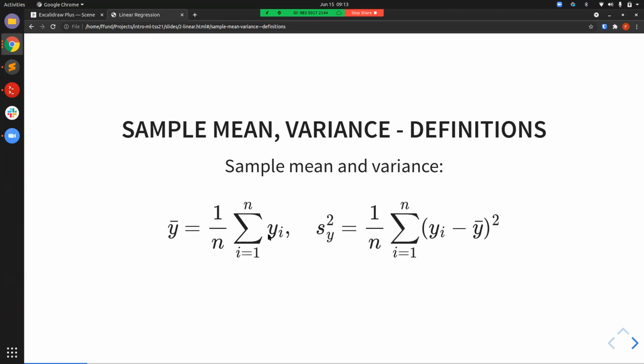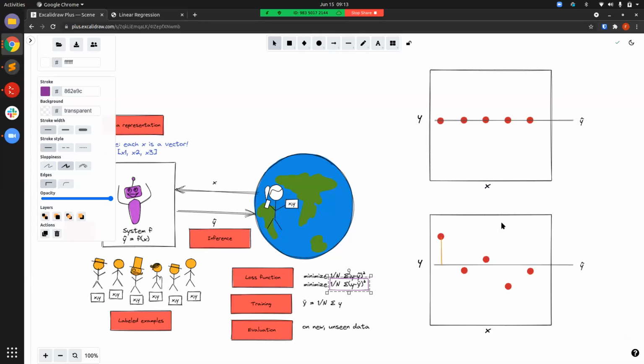So the mean of a sample, the mean of a set of data, is just 1 over n of the sum of all the data points. And then the sample variance is 1 over n of the sum of the square difference between the data point and the mean. Right? So the variance measures how much data varies around its mean. Okay?